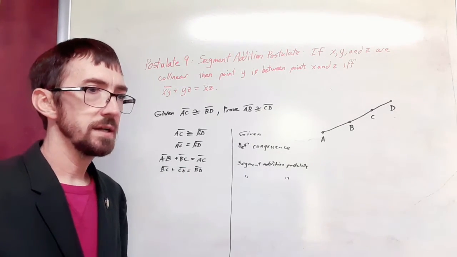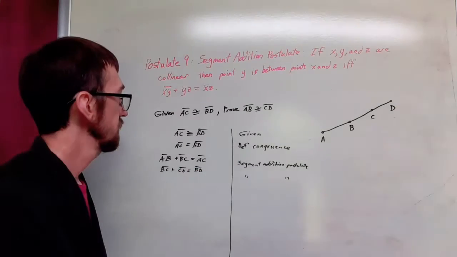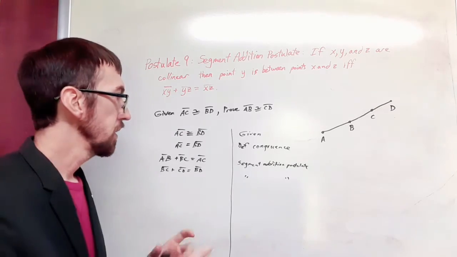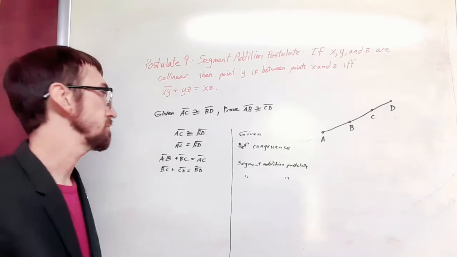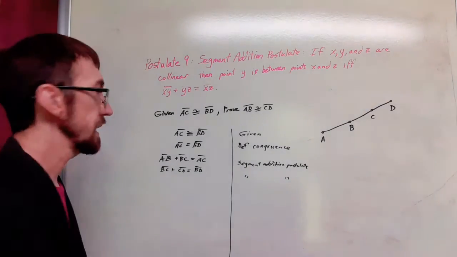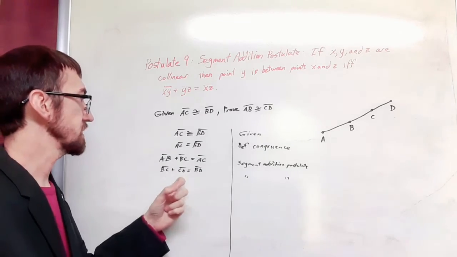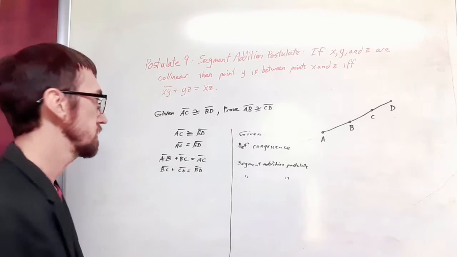And so that is a substitution. So there are a couple of connections here that we can make. We are going to take our given and use it to rewrite this statement. So I'm going to write that AB plus BC is equal to BC plus CD because of substitution.